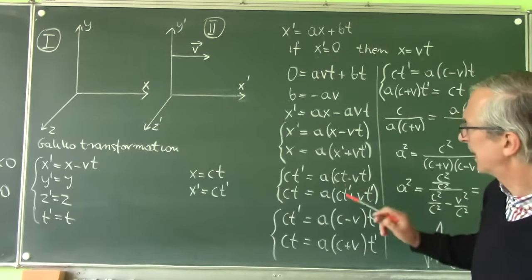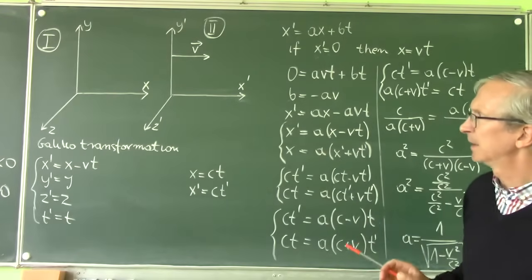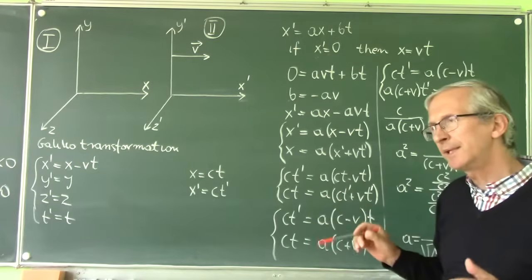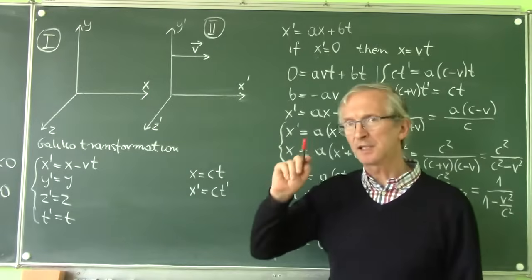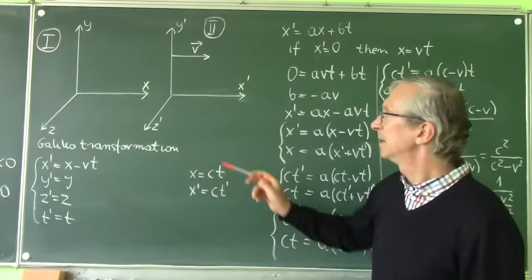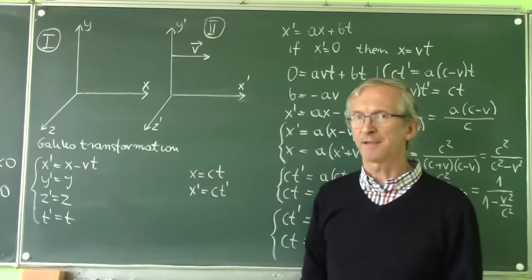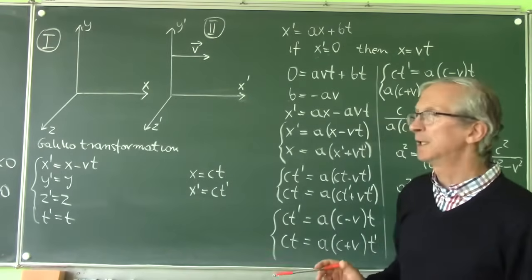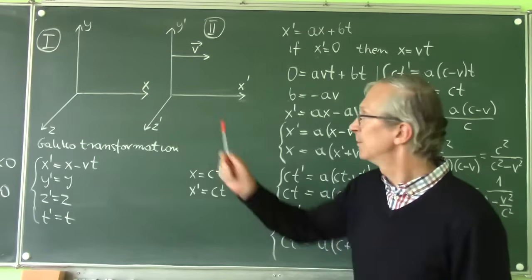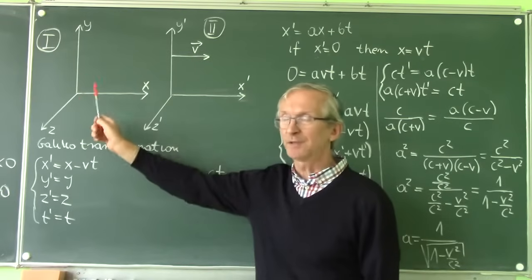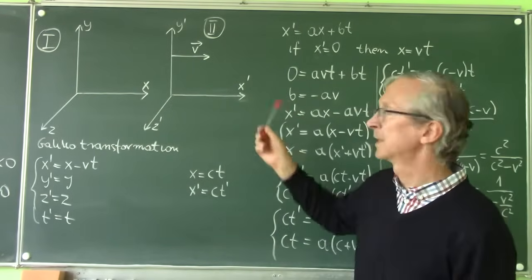Now we want to calculate the constant a. How to do it? Let's assume once more that for t equal to 0, the beginnings of these two frames of reference are in the same place, and we send a beam of light from this point and also from this point in the direction of the axis x and of course x dash.